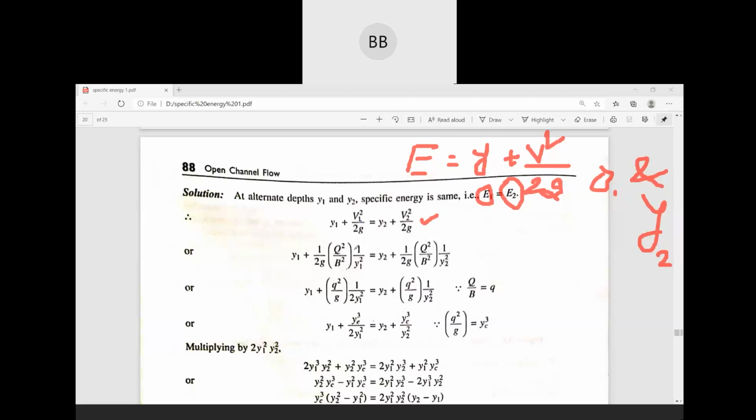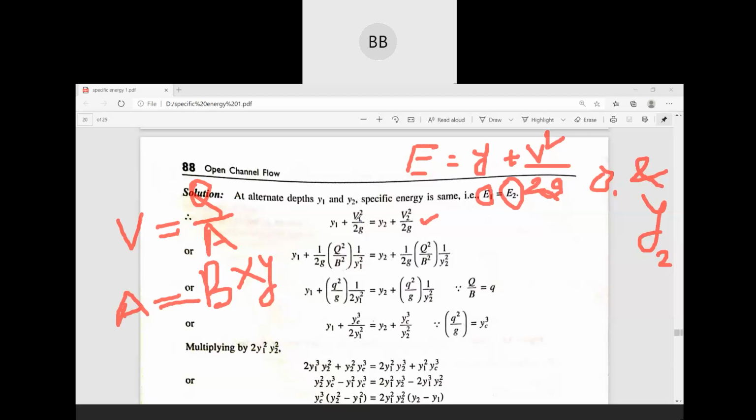Then what we are going to do is replace this velocity. We all know velocity v is equal to q by a. As given in the question, it is a rectangular channel, so in place of area we can write b multiplied by y. For the first case it will be y1, and for the second case it will be y2.